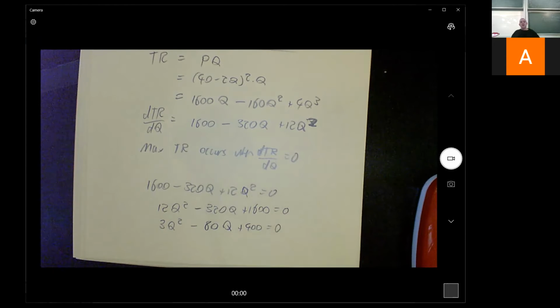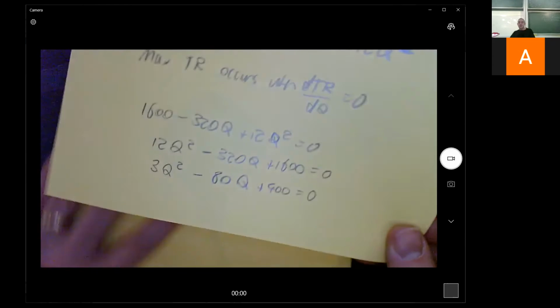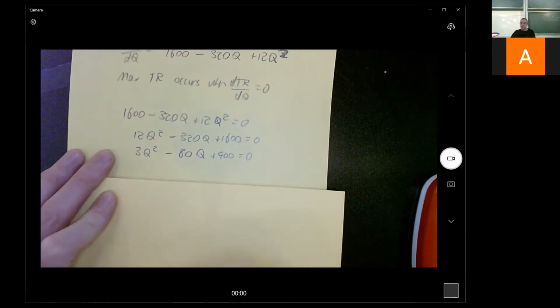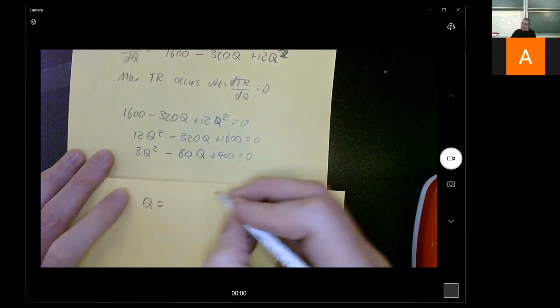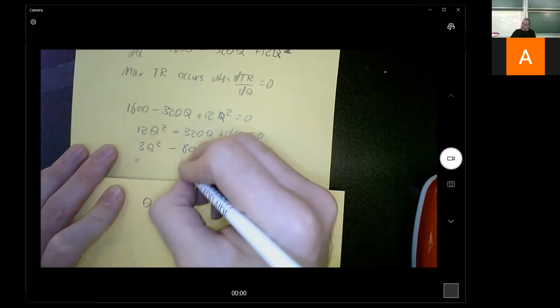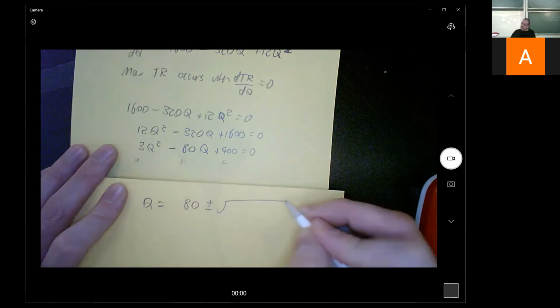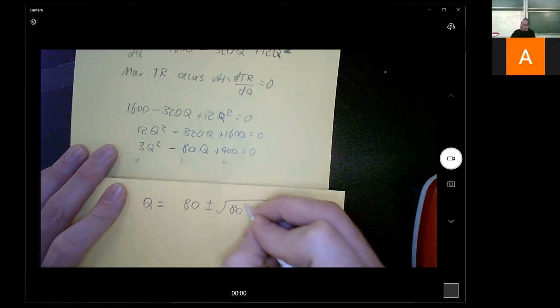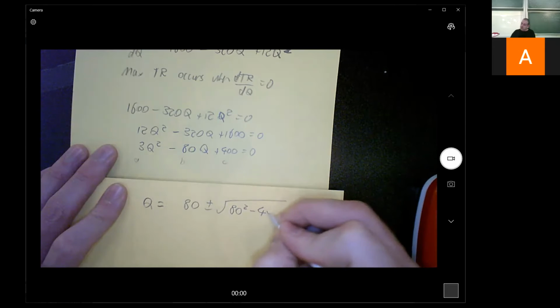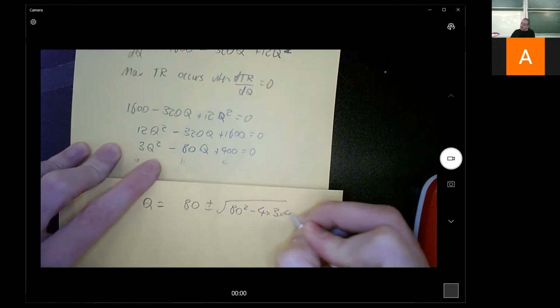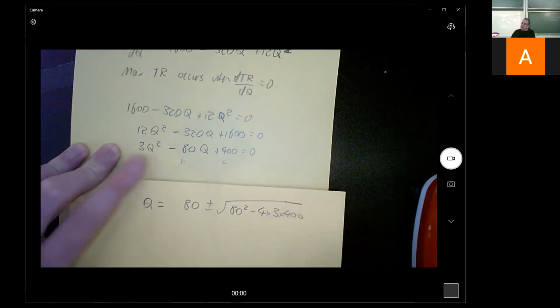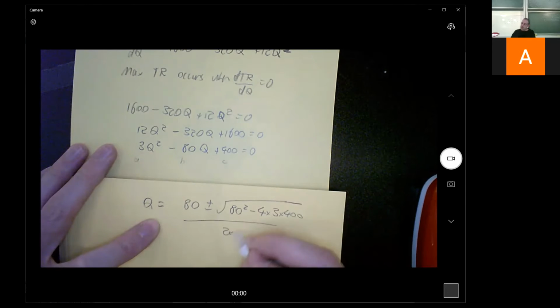And I don't like my chances of factorizing that just off the top of my head, and so I would use the quadratic formula. So this is A, this is B, this is C: minus B plus or minus the square root of B squared minus 4 times A times C, over 2A.